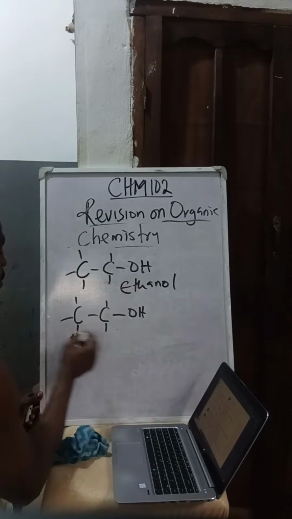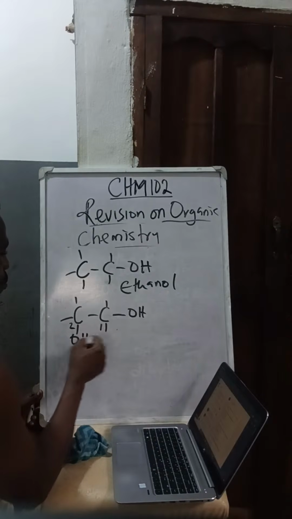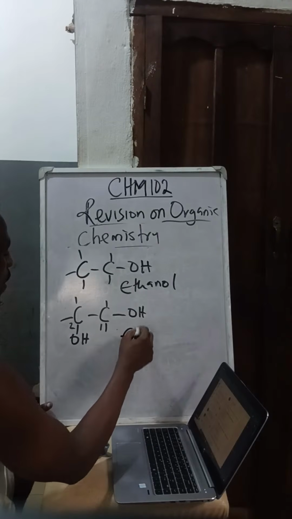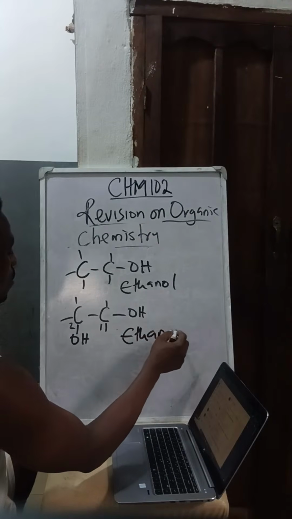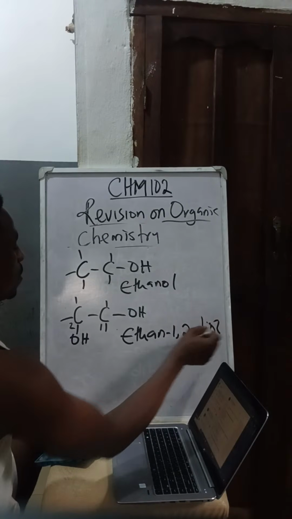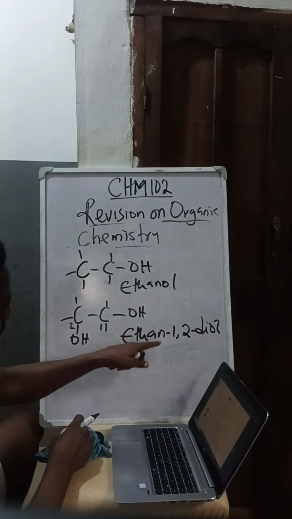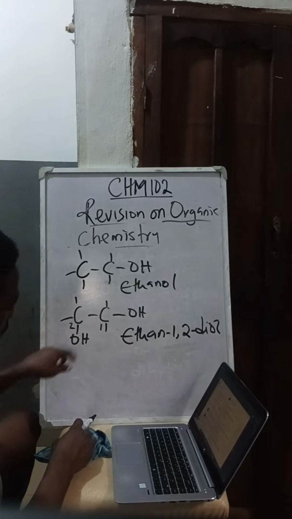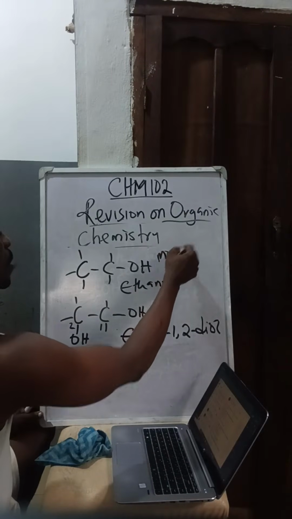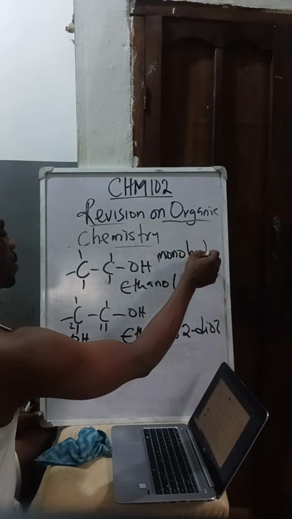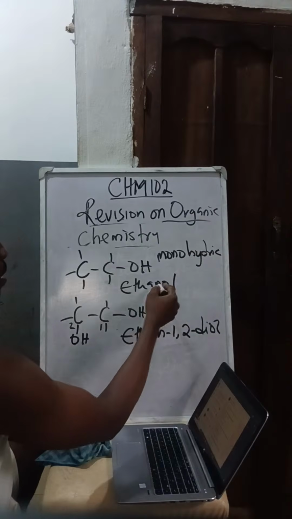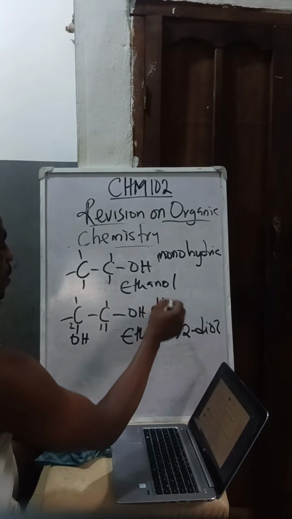OH here, OH here, so this is called 1, 2. So it's called ethane-1,2-diol because we have two OH. And this one is monohydric. This one is dihydric.